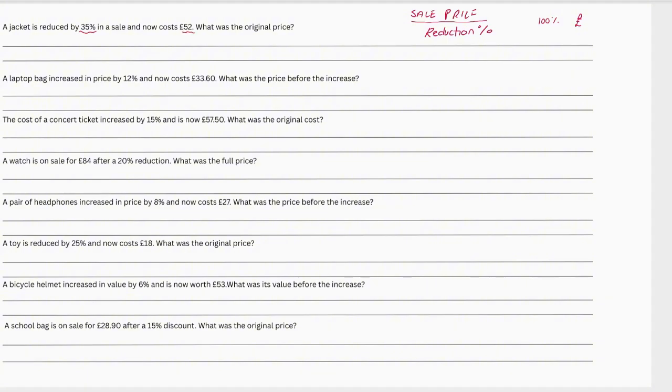So what we're going to do is, for this one, as it's a reduction, we can use that formula. The sale price is £52, and it's going to be divided by the reduction. Now remember what I've just said, 100%.